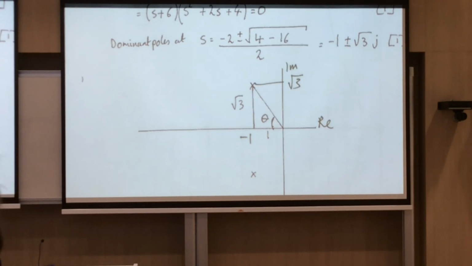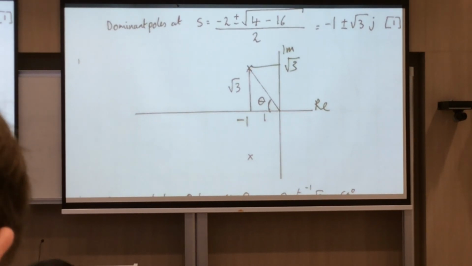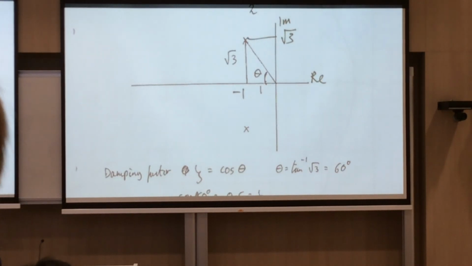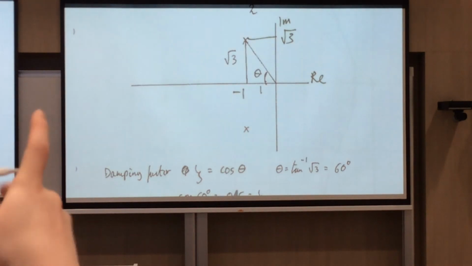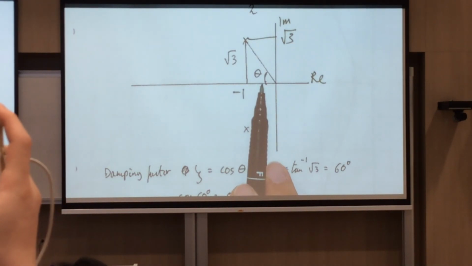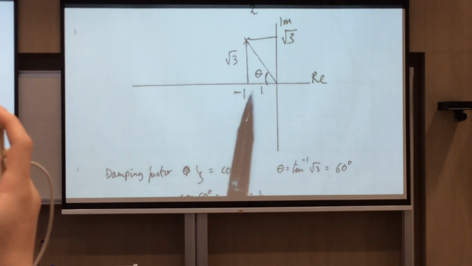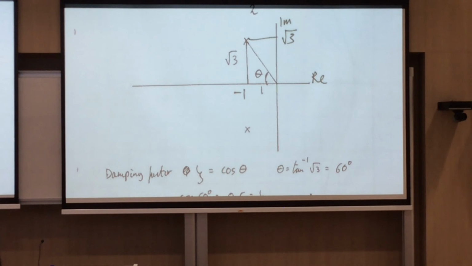According to the definition in your lecture notes, the damping factor is cosine theta here. And theta is tangent inverse of the imaginary over the real, so root 3 over 1. If I give you a calculator, we can also remember basic values: 60 degrees.